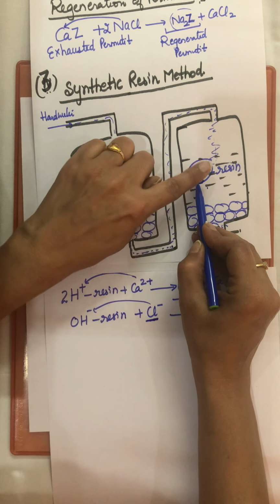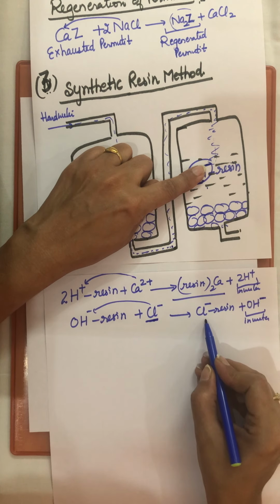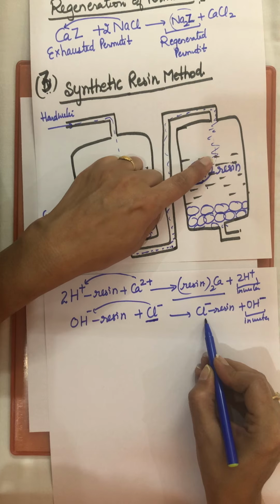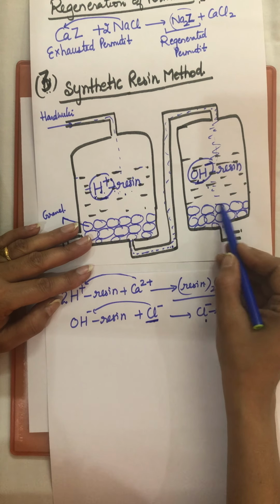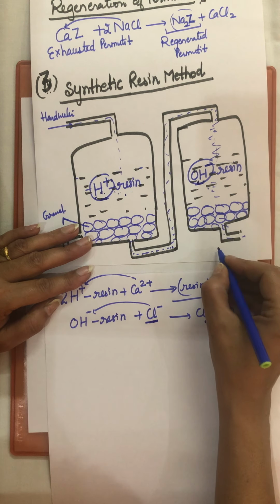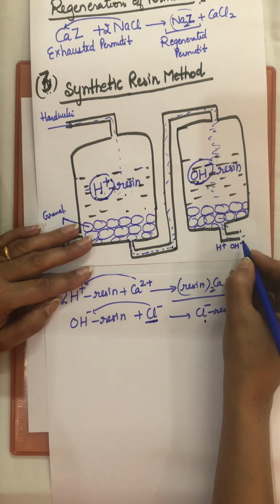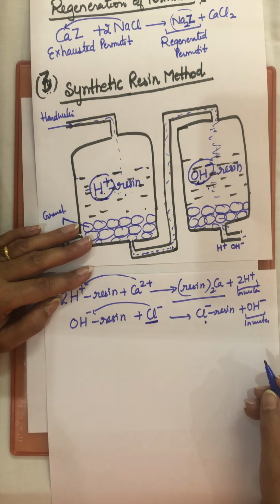So anions are also left here as the Cl minus resin or other anions, and OH minus will go into the water. That means the water coming out will have only H plus cations and only OH minus anions left in it.